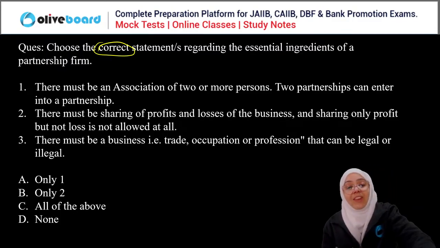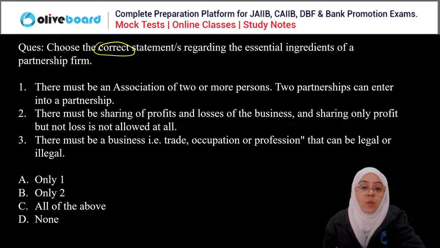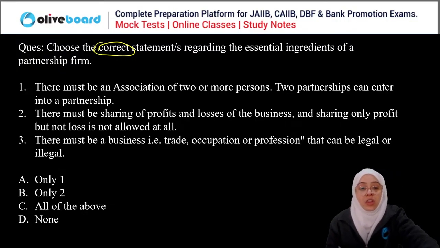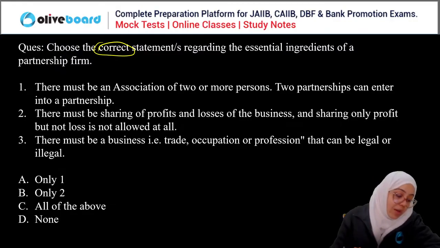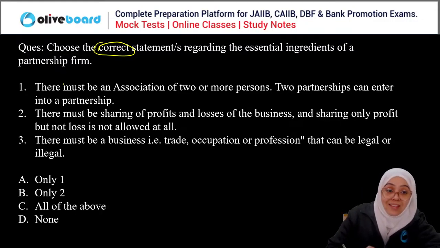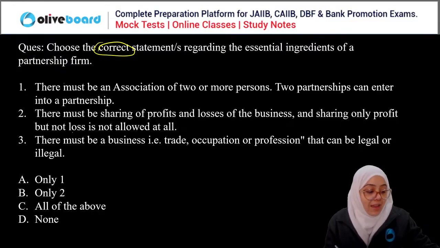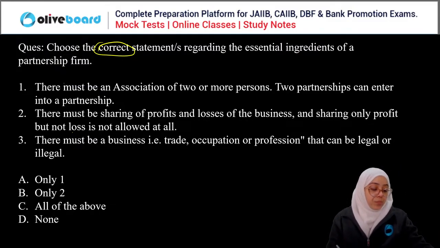Which of the following statements is correct regarding the partnership? Everyone, you can all answer this question. Which of the following are the correct statements of the partnership firm? Just read the question carefully and then please answer.